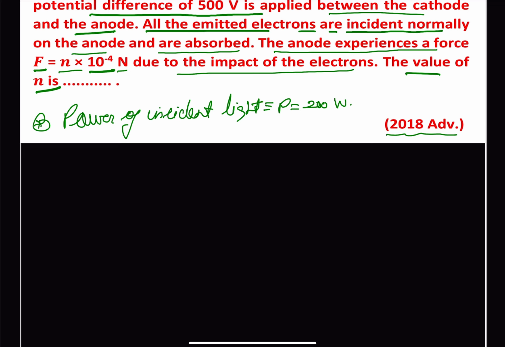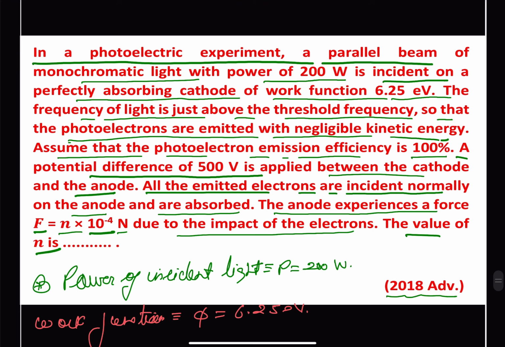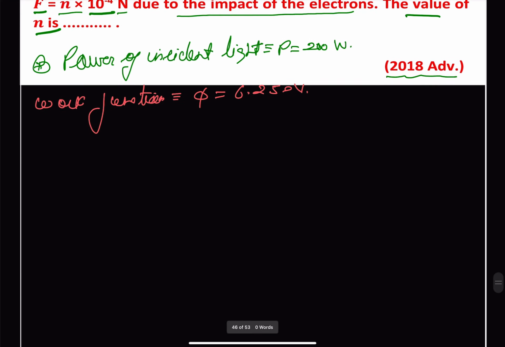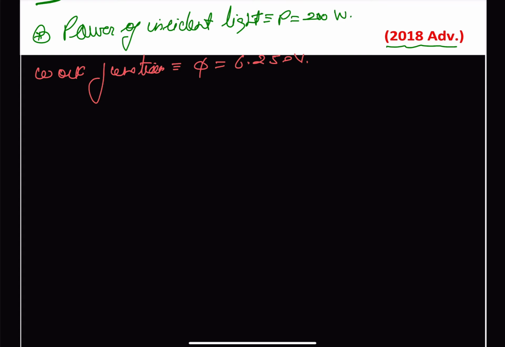The work function, phi, is also given to us as 6.25 electron volt, and it says that the emission efficiency is 100%, which we can interpret as one electron per photon.